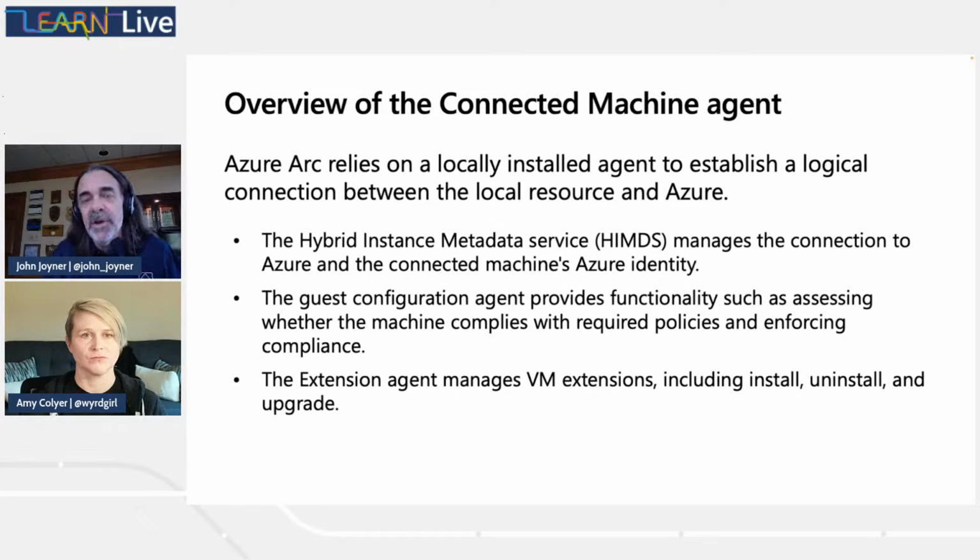It's the same number of processes, essentially the same named processes, whether it is a Windows server or a Linux server. Linux servers have 3 daemons. Windows computers have 3 services, and the 3 services and the 3 daemons do essentially the same functions that are described in this slide.